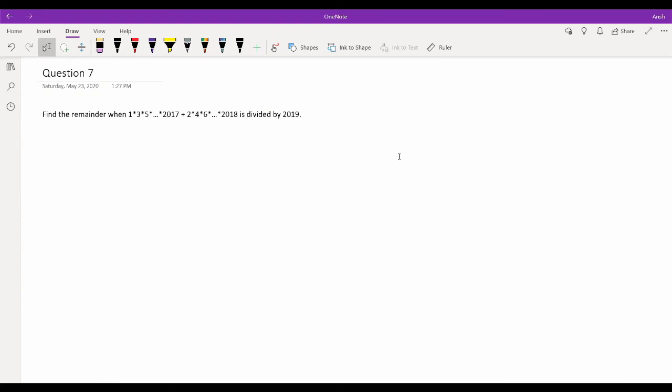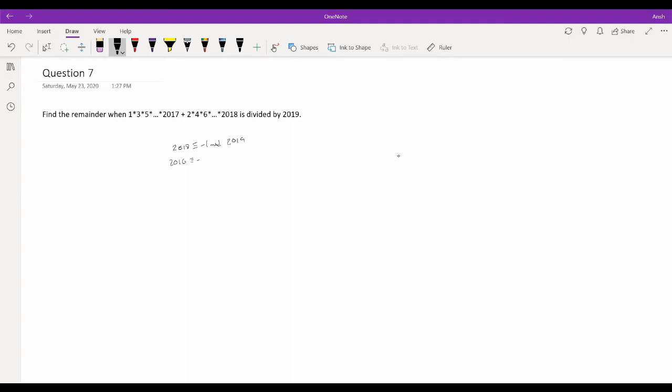Well, what we can see here is, this is pretty weird. We don't really know how to approach this, but you remember earlier, you can notice how we can rewrite 2018 as -1 mod 2019, and we can rewrite 2016 as -3 mod 2019.